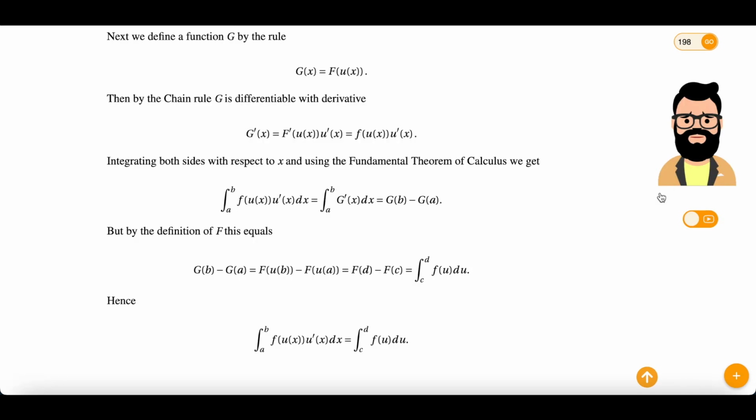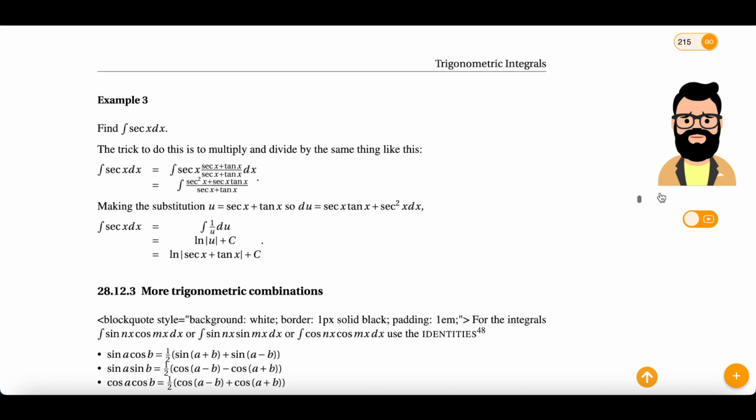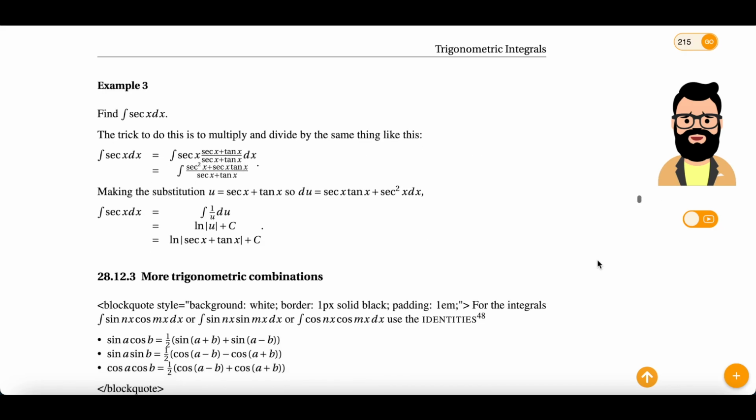Explain the integration of sec x dx. To integrate sec x dx, you can use the trick of multiplying and dividing by the same thing. This allows you to rewrite sec x dx as sec x times (sec x plus tan x) over (sec x plus tan x) dx, by using the identity. You can rewrite it as (sec squared x plus sec x tan x) dx over (sec x plus tan x).